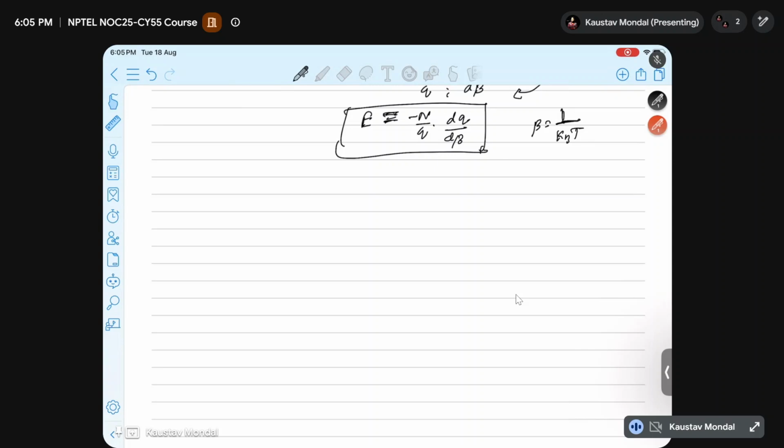After that, we discussed some problems on it. Since we now have a handle on the total energy, using this we can easily calculate the internal energy.